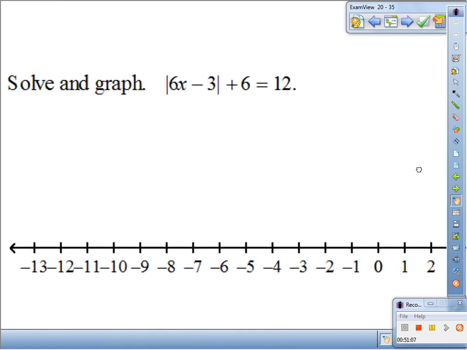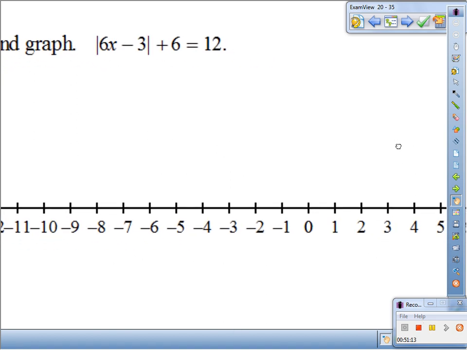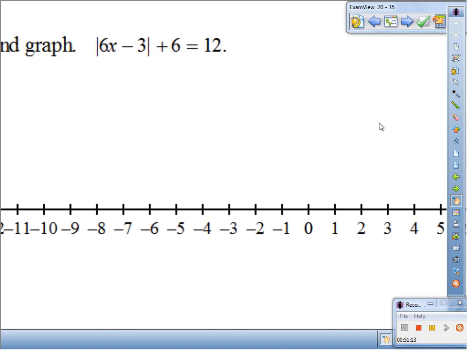Solve and graph. Yay, our favorite. All right, here we go. Copy this equation, please. Number 20. Absolute value of 6x minus 3, close the absolute value, plus 6 equals 12. I'm going to zoom in a little bit more.